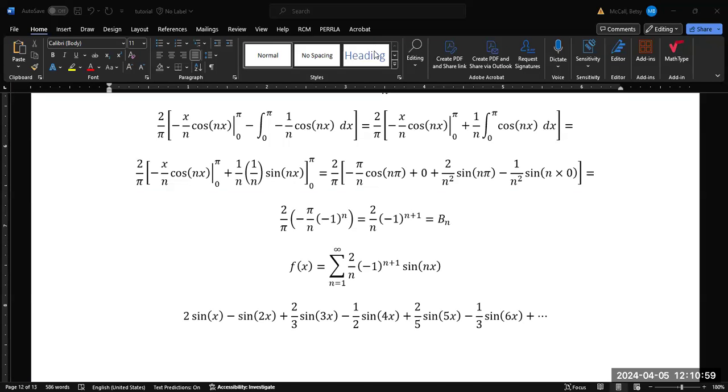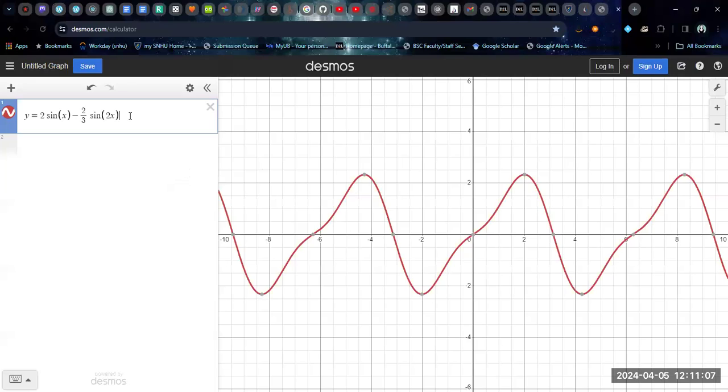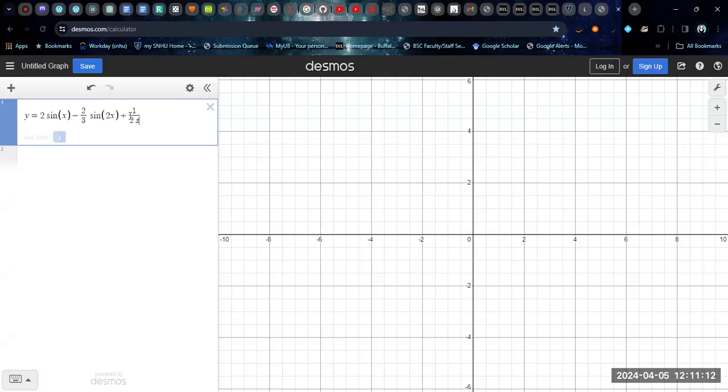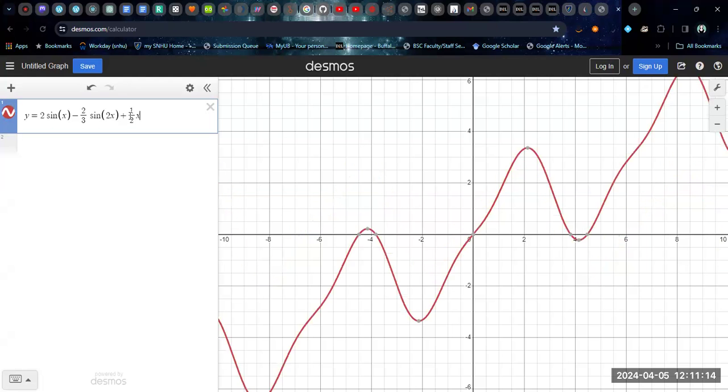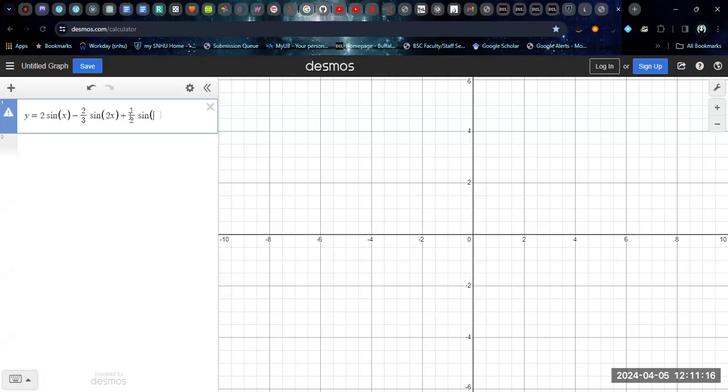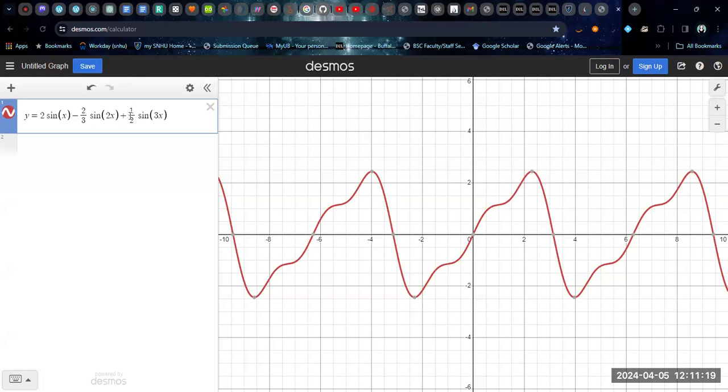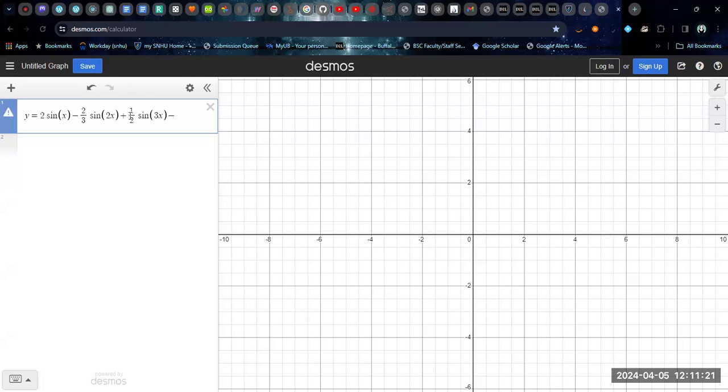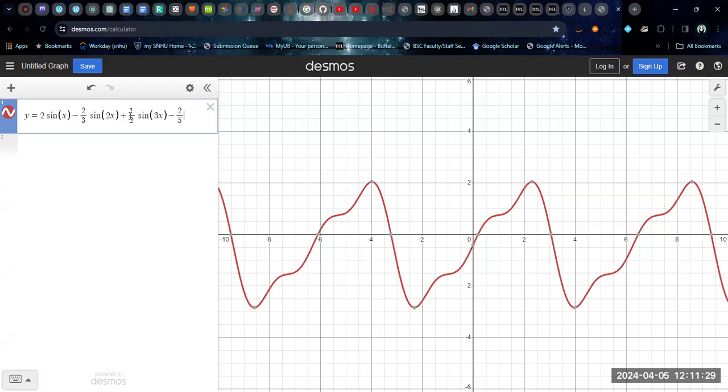Now, if we go to Desmos, we can start filling in some terms. I've already filled in some terms here. So now the next one would be 1/2 sine 3x, and then minus, what was the next one? It was 2/5. No. 3.